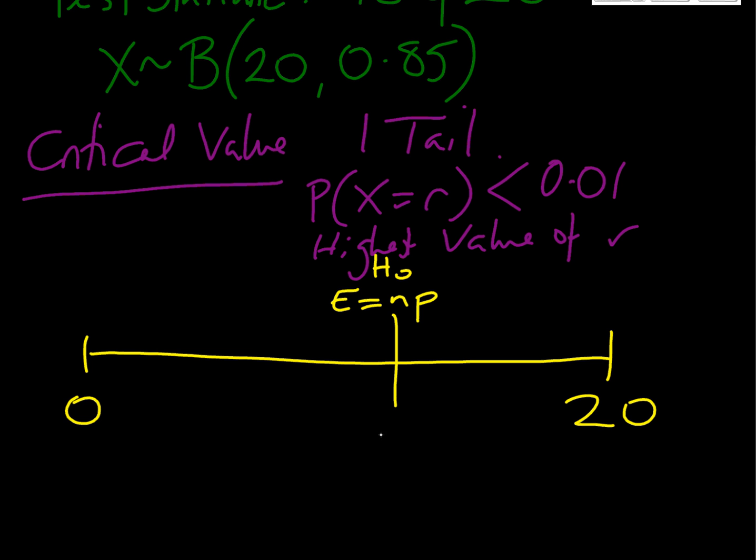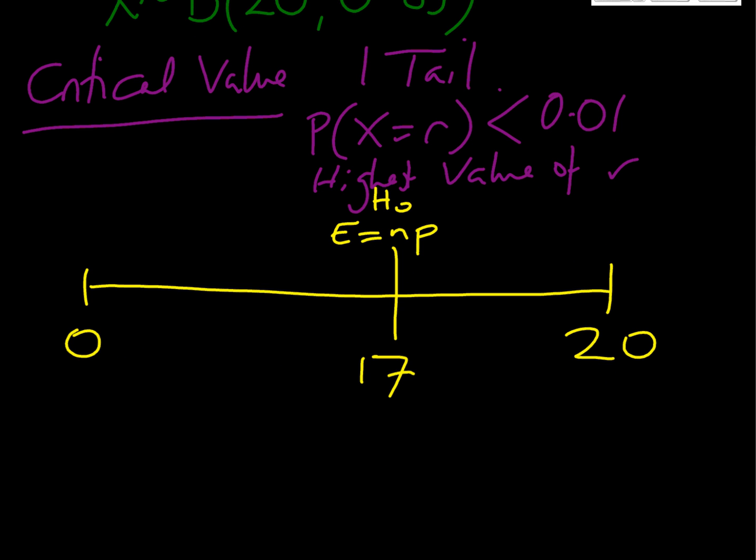So we'd have expected to see 17 seeds germinate. Now what we can do is start comparing, and we've got a test statistic. Let's have a look back at our test statistic. Our test statistic, TS, was 13.